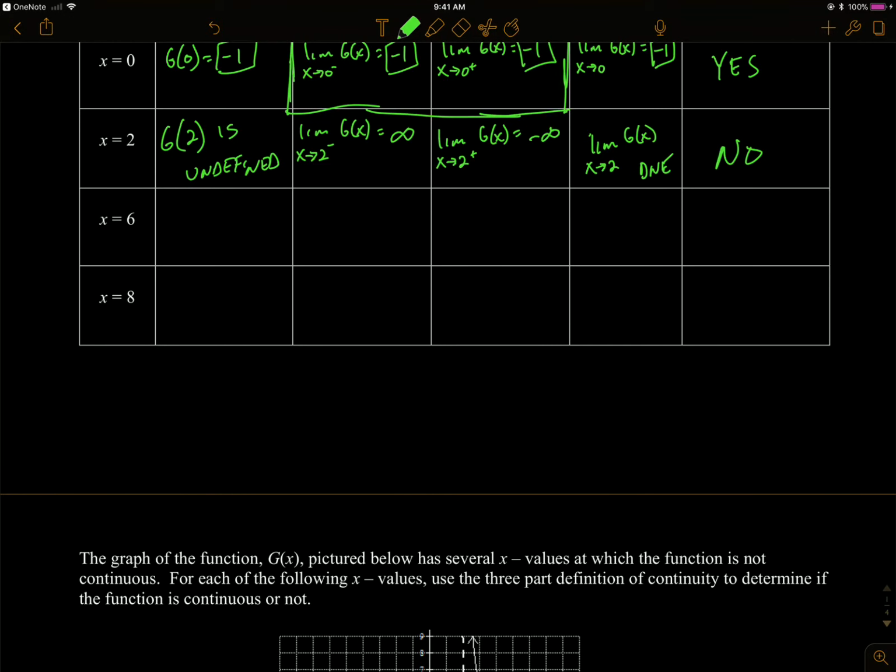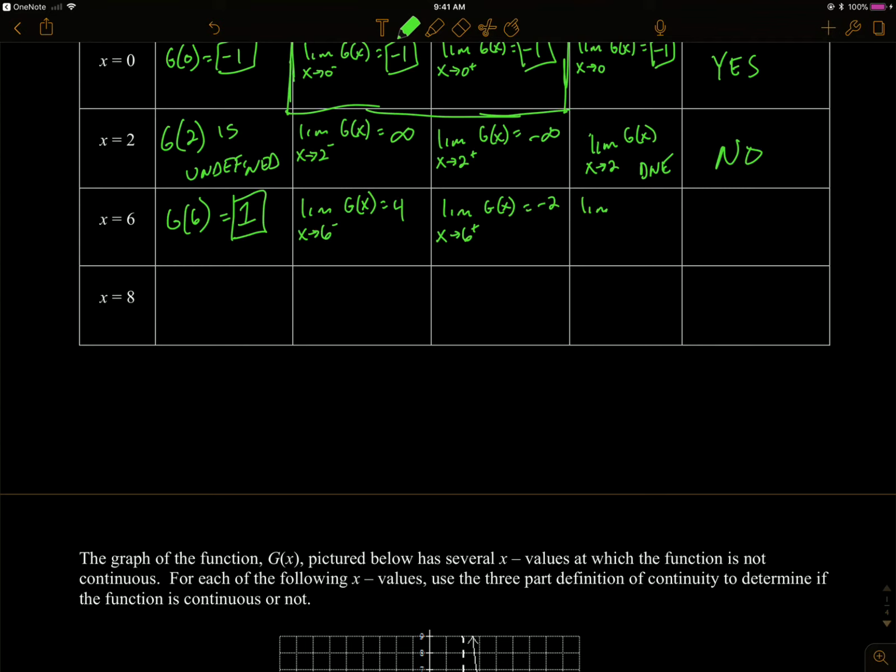Let's look at a target value of 6. So g of 6, that'll be fun. Do g's look like 6's? It is defined and it's 1. The limit as x approaches 6 from the left of g of x is 4. The limit as x approaches 6 from the right of g of x is negative 2.